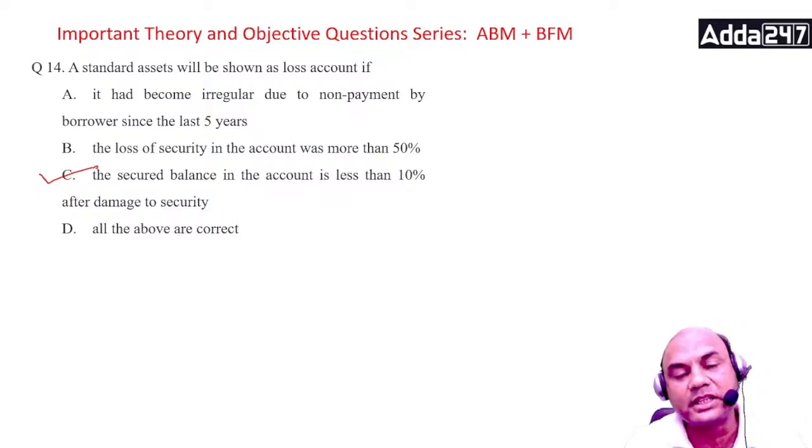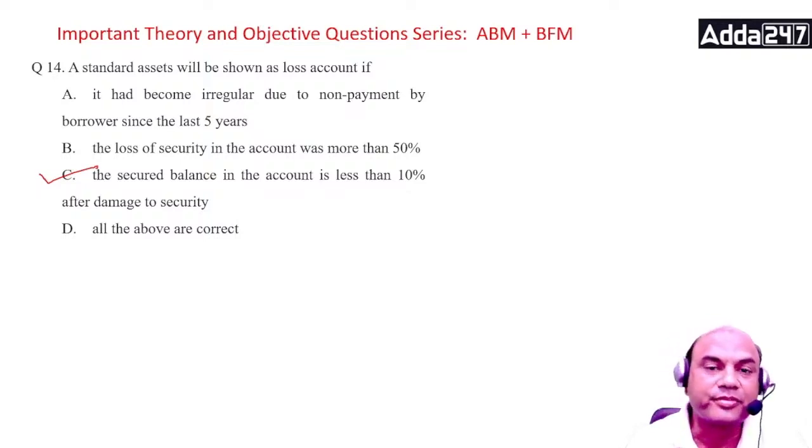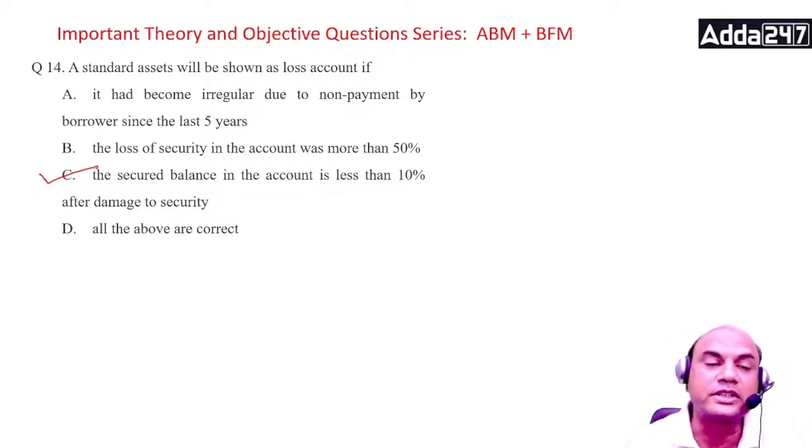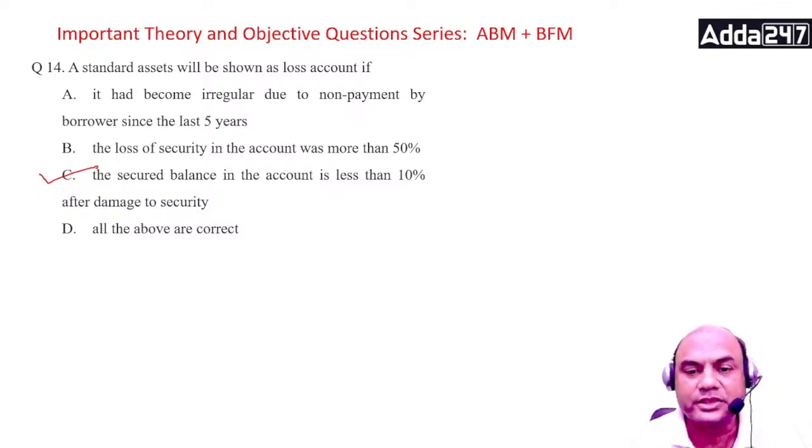If that remains less than 10% after the security has some damage, due to rains, fire, or anything, then this asset will be shown as a loss asset. Okay. Next one.